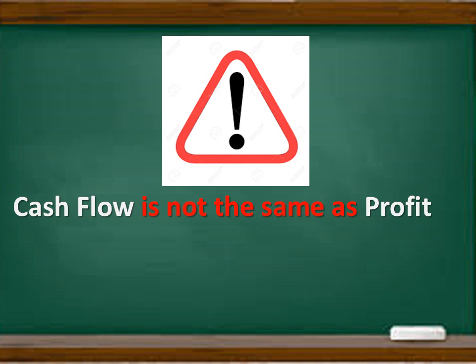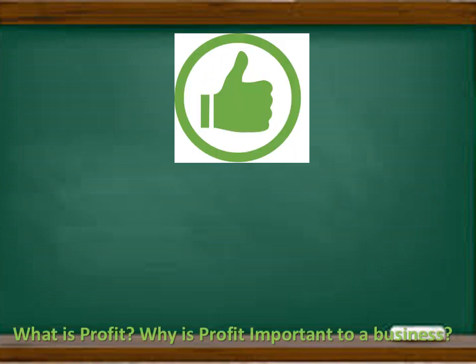This could be a sign that maybe the business is paying too soon or offering long periods of credit. And there could be many other reasons also. But remember, the cash flow of a business does not show the profit of the business. These are two different things.